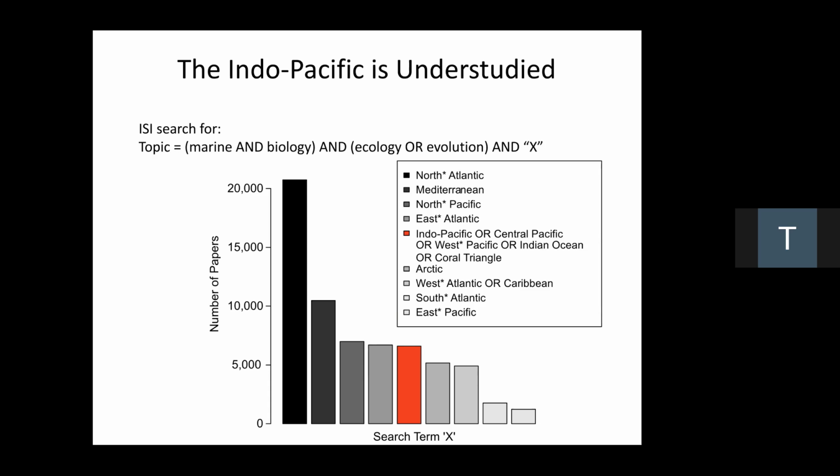Is it due to access? Access and, more specifically, funding. Marine ecologists who are well funded in countries like the United States and Europe can go in their backyard and study the North Atlantic all they want. Marine ecologists in the Indo-Pacific, mostly coming from developing countries, simply don't have the funding to create the same amount of science.